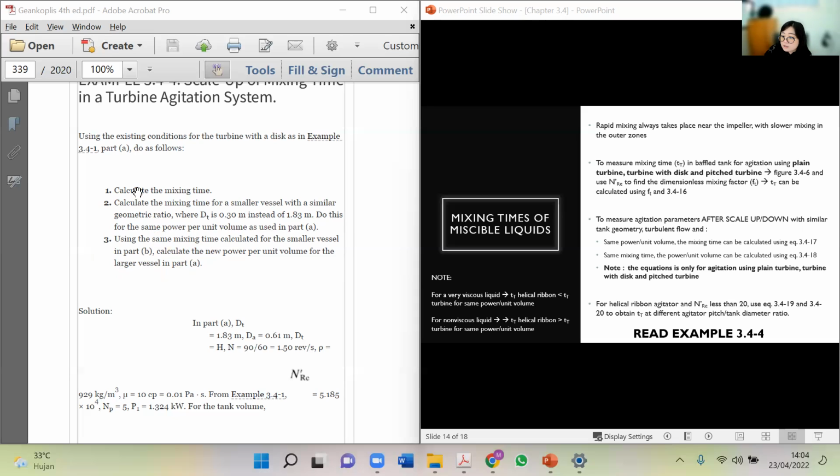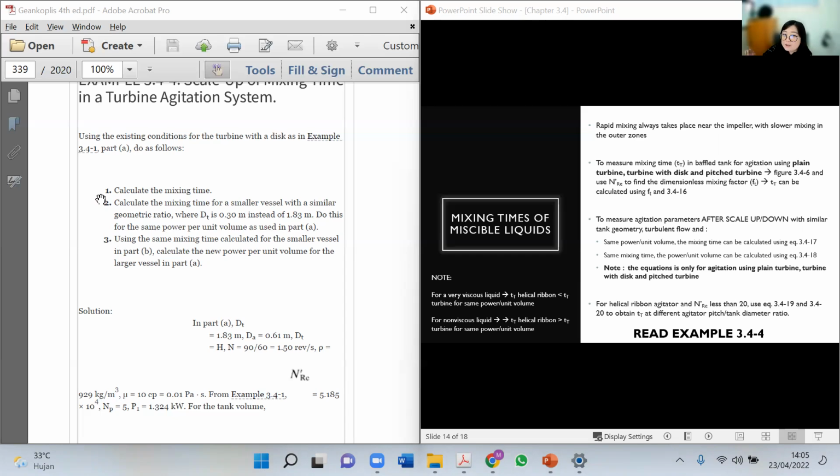So the first calculation is to find the mixing time for the vessel as mentioned in example 3.4-1. The second, if we have the same power per unit volume ratio and scale the vessel down to a smaller vessel, is to calculate the mixing time.